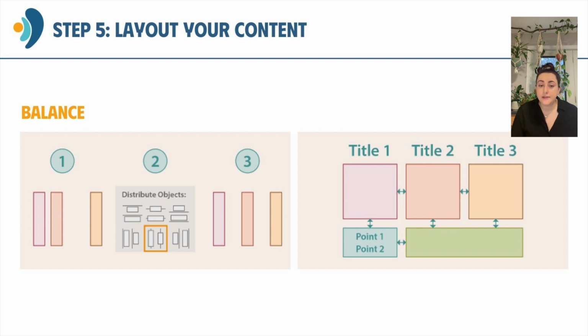In addition to balancing the actual spacing between your components, balance is also important to consider when you're thinking about the type of content you're placing. For example, if you had a figure that was horizontally laid out like a PowerPoint, and on half the PowerPoint, on the left, you had a visual or an illustration, and the entire right side of that PowerPoint is all text, that actually means that your visual piece is really restricted to the left side, and that text could be used as a standalone.